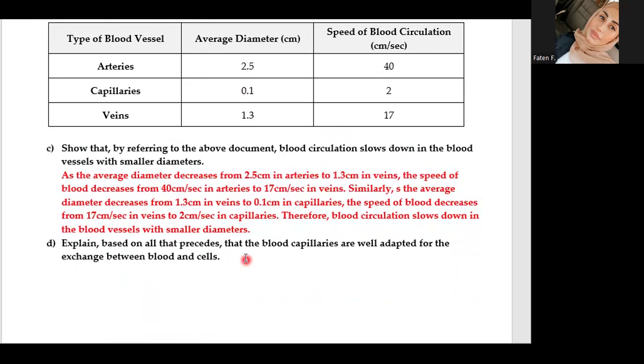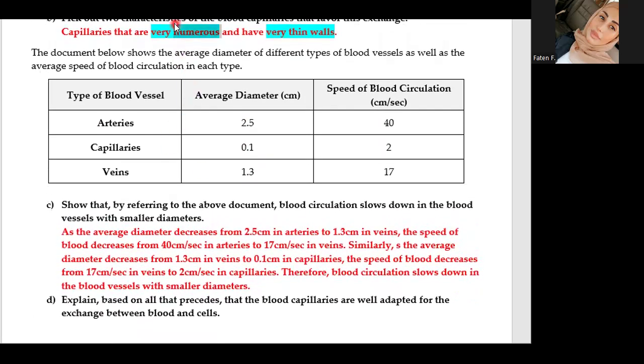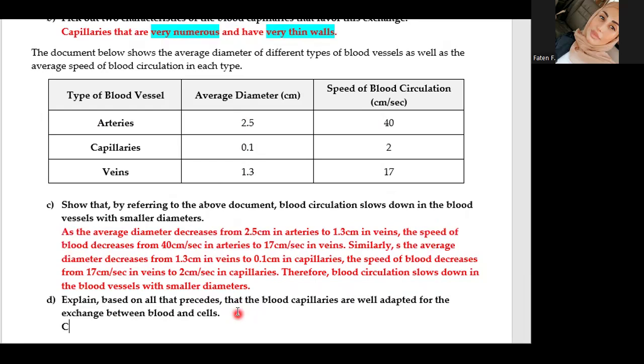Okay, based on all that precedes, what is all that precedes? The capillaries, they have very thin walls, also they have the smallest diameter, meaning the lowest speed of blood circulation. All these things help make the capillaries well adapted and a suitable place for exchange. Okay? Capillaries are very numerous.